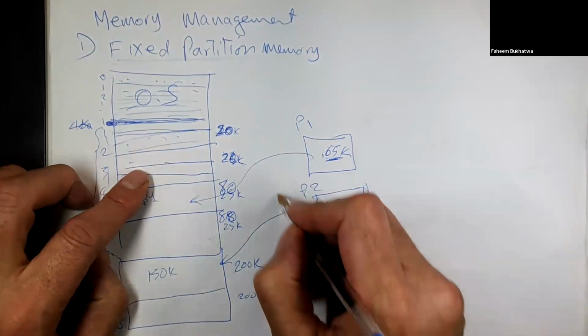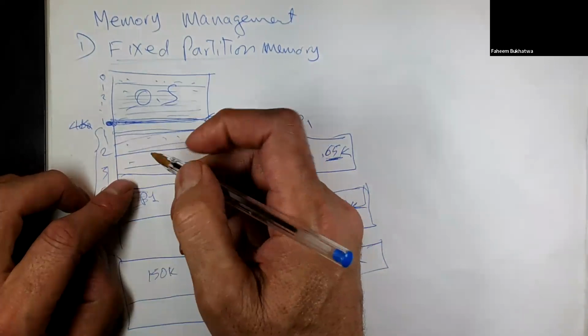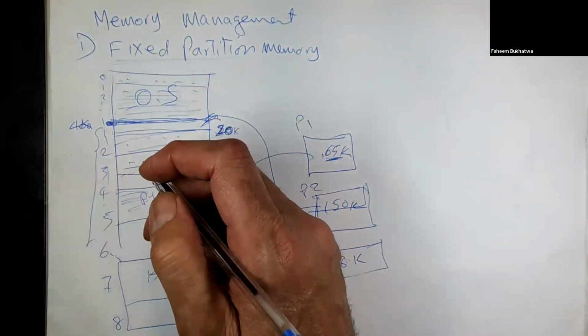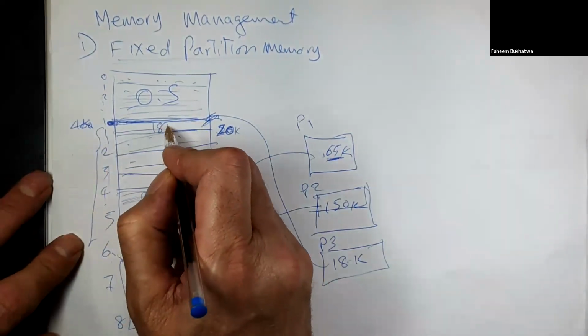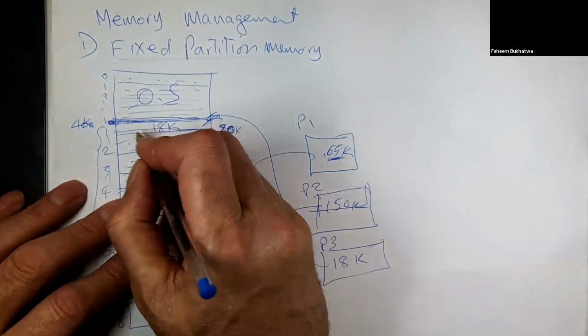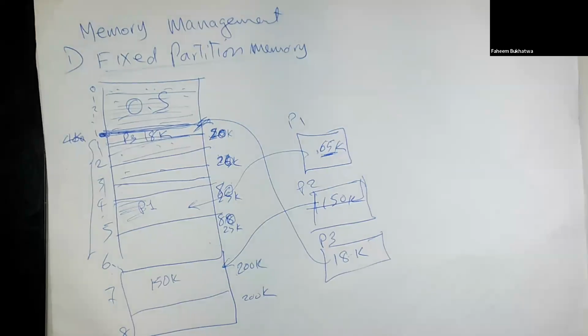Yeah, block number 1. That's perfect, because it will fit in there. That's a nice way of doing it. That's if we decide we'll give every program the smallest block that it should fit in, which is the most efficient way of doing it, provided no other program is at the moment occupying that block.